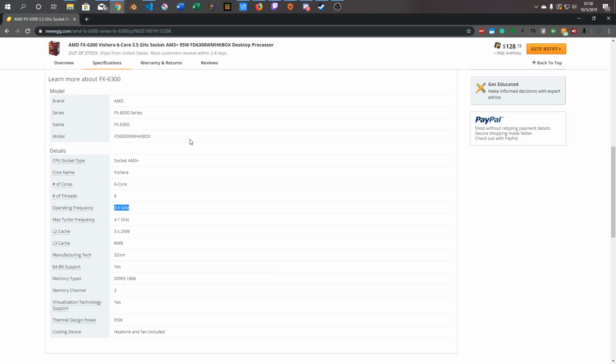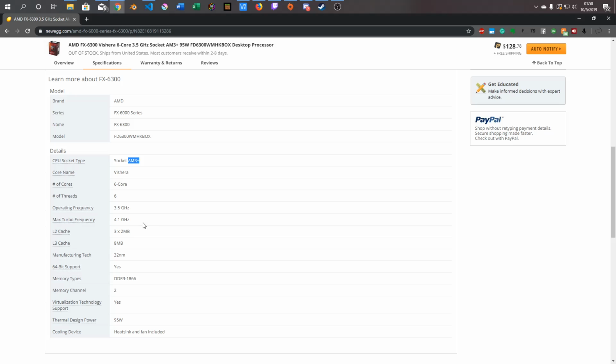That's really just how quote-unquote powerful the machine is. The core name tells you what generation it's part of, and the socket is what determines what motherboards are compatible with your CPU. So for instance, for this one, we want to look for an AM3 Plus socket board.